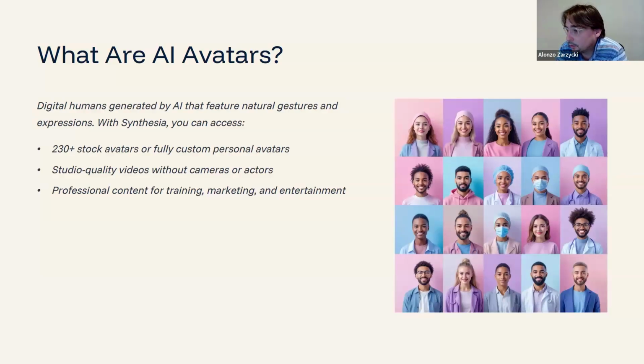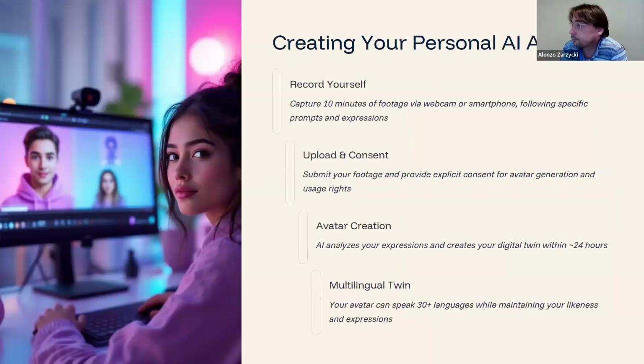You don't need a studio or anything like that. Just your computer and access to the internet, and to be able to log on to Synthesia. And well, you have to create your account there to be able to log on. You can create professional videos for training, marketing, and entertainment.